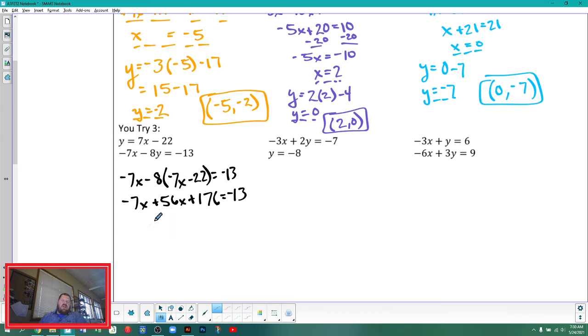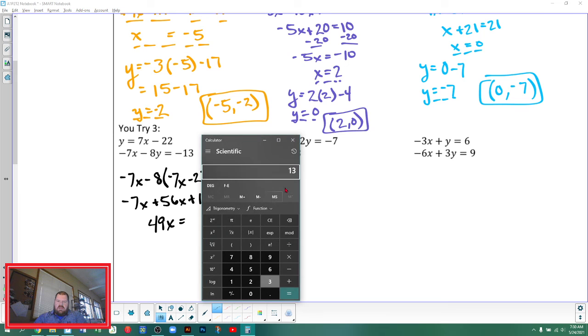That's going to give me a 49x. And if I subtract 176 from negative 13, that is really 13 plus 176, 189. And now I'm going to divide that by 49. I'll write in the steps.